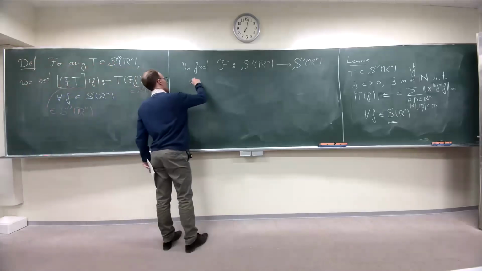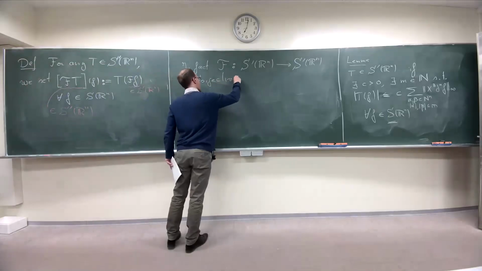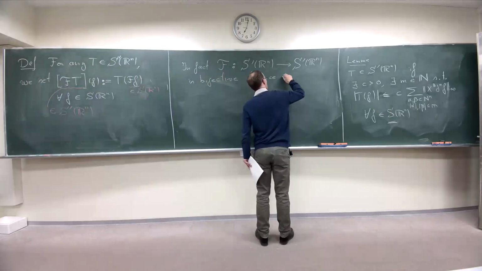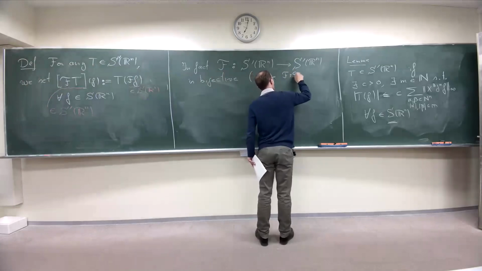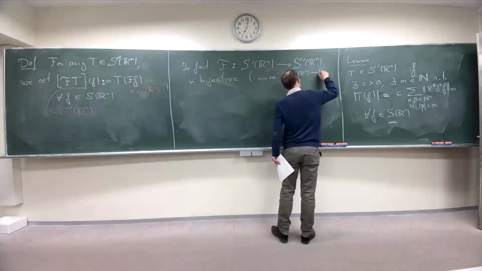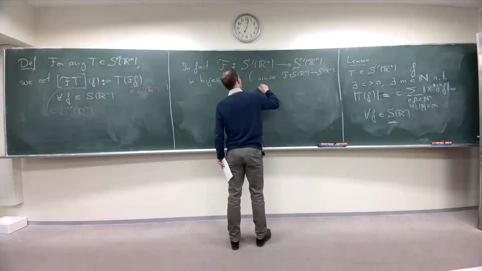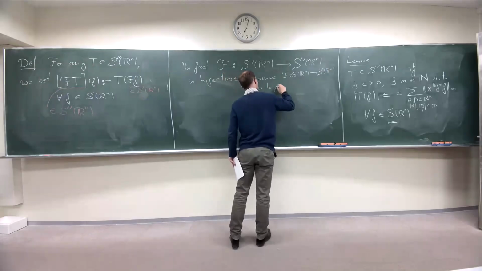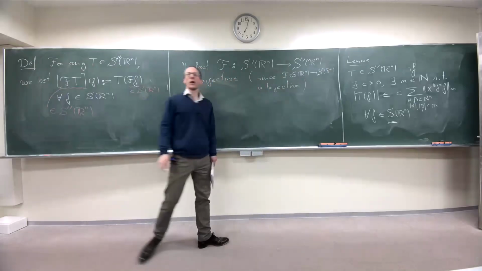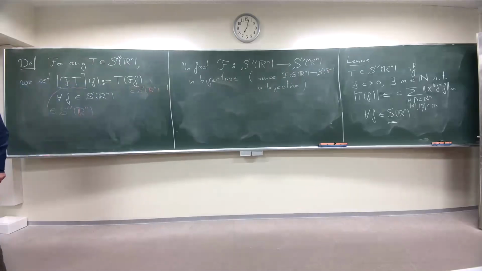This map is bijective. And in fact, since the Fourier transform from the set of Schwartz functions to the set of Schwartz functions is bijective, this is a very nice feature of this theory.